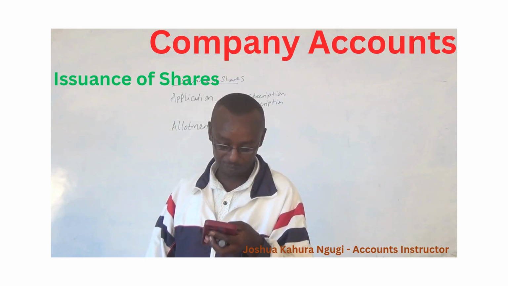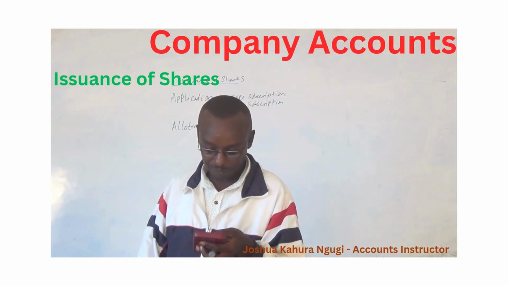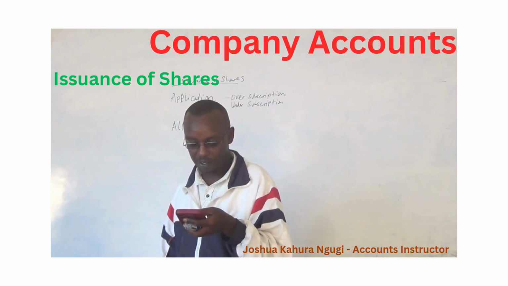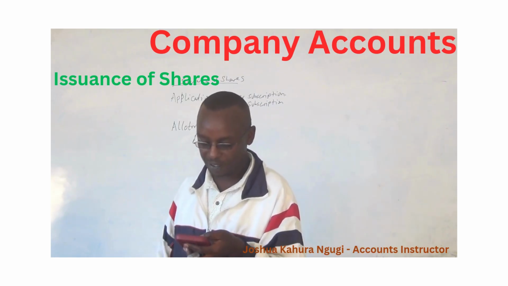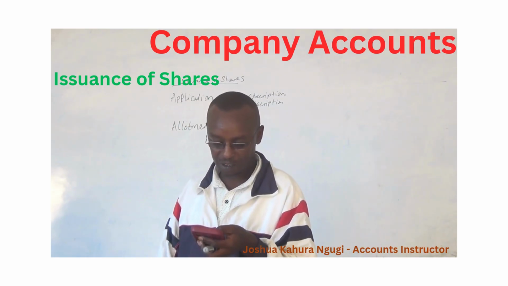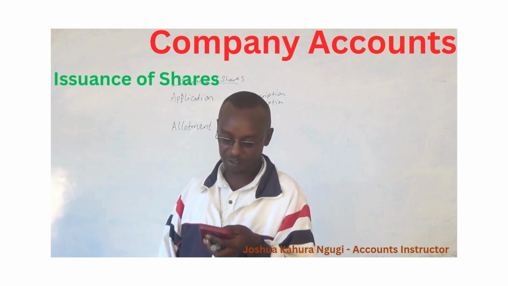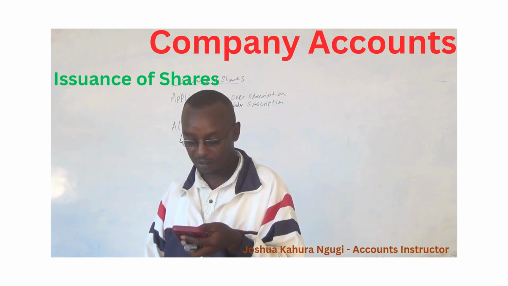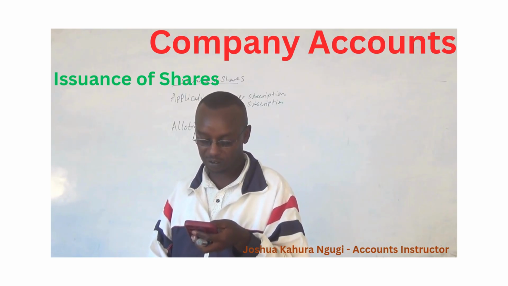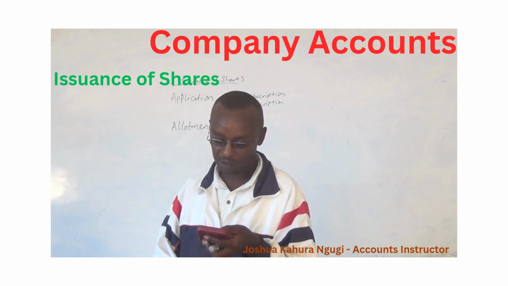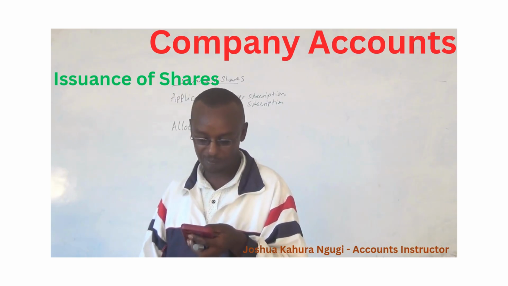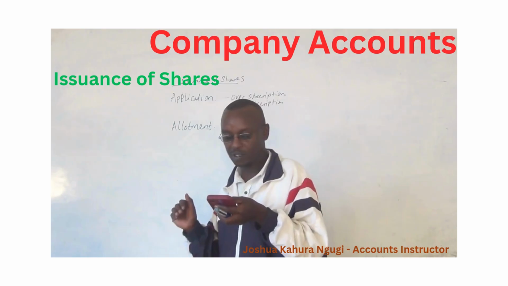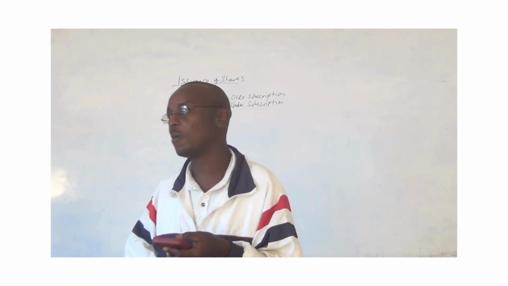So this stage, the allotment stage, is whereby the successful applicants are awarded the shares, and in the event of oversubscription, then only a proportion of the shares applied for, we use the most equitable manner to cater for the successful applicants.